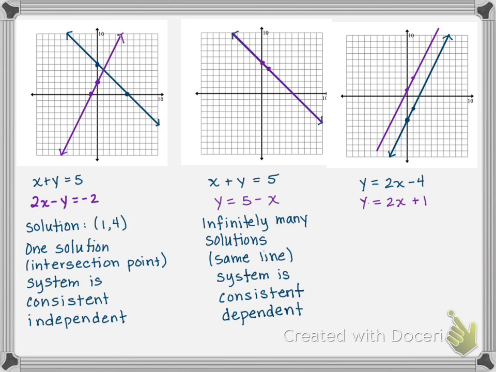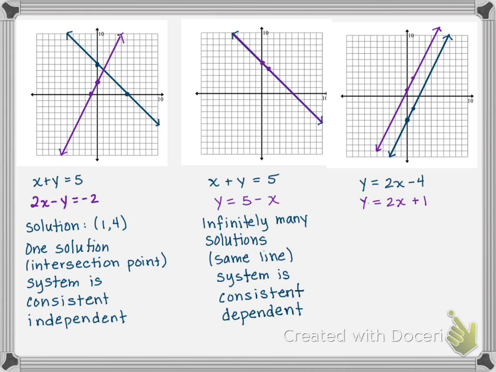And what do we notice? They're parallel lines, right? And in particular, because they're parallel lines, that means they never intersect. That's just the definition of parallel lines. So if they never intersect, that means there's no point that's on both of the lines. And so there is not an ordered pair which is a solution to both equations.